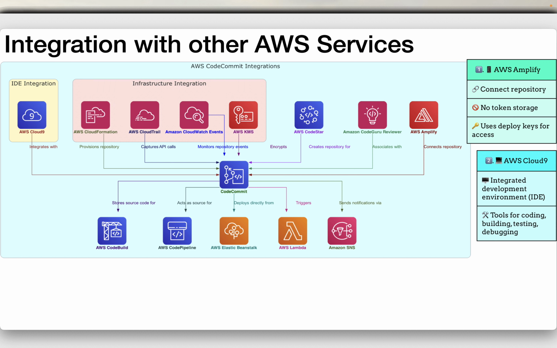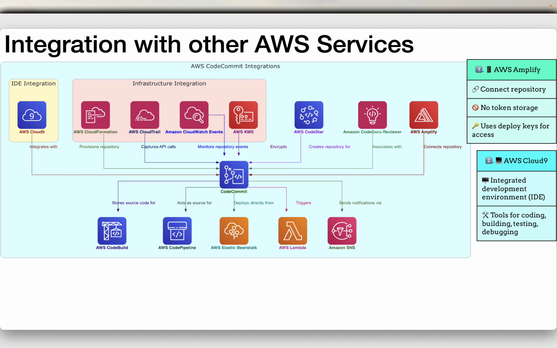Second, AWS Cloud9, which provides a collection of tools for coding, building, testing, debugging, and releasing software in the cloud. This set of tools is known as the AWS Cloud9 Integrated Development Environment (IDE). So basically it is a visual IDE in the browser. Here you can directly integrate with your CodeCommit and you can directly push, pull, fetch, and commit, all directly from the IDE.